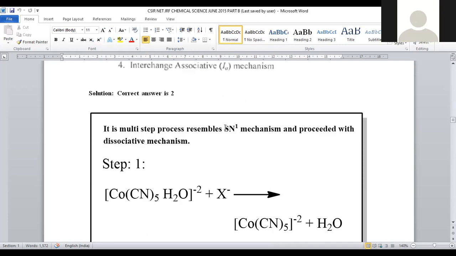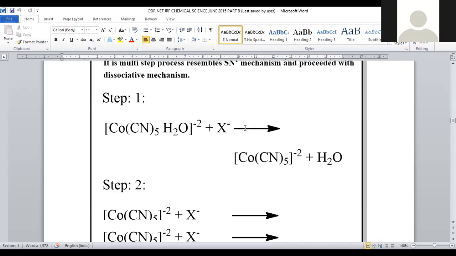During this reaction, there is a resemblance with SN1 type of reaction where a dissociative mechanism will be followed. We are taking the cobalt hexacyanomonoaquo complex. It is treated with a halide or any nucleophile.